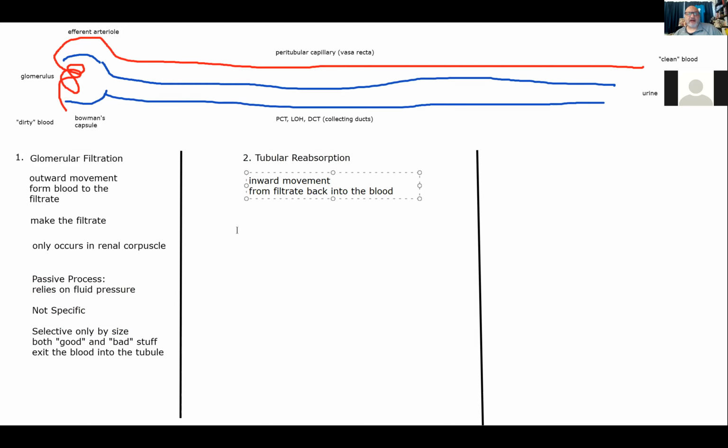All right. This process mostly occurs in the proximal convoluted tubule. But again, key word there is mostly. It also occurs in the loop of Henle, distal convoluted tubule, and collecting duct.